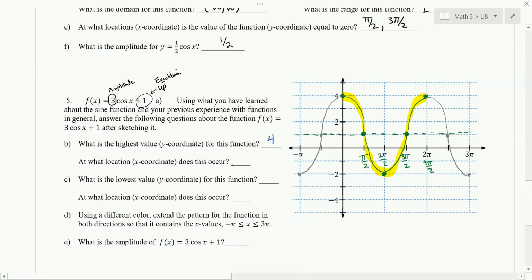And this happens at what? 0 and 2 pi. Lowest value is at -2, and that happens at pi. What's the amplitude? All right, last one.